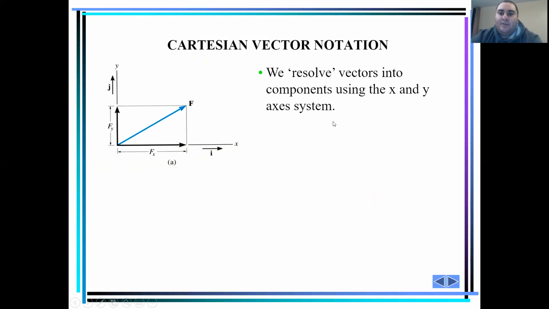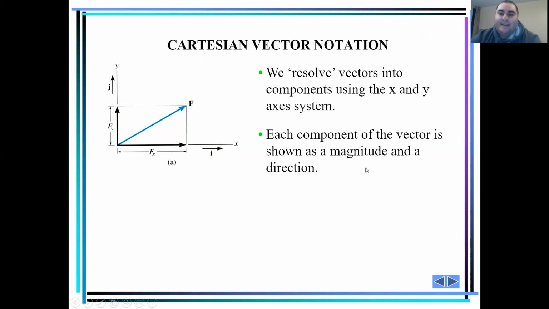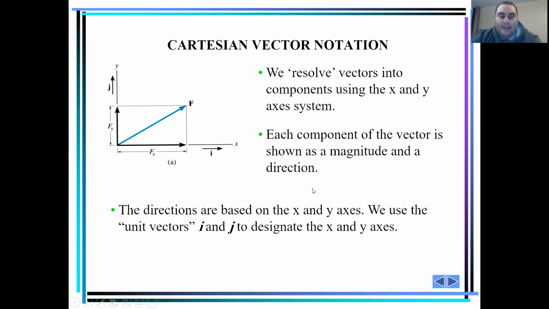The first step is we resolve vectors into components using the x and y-axis system. Then each component of the vector is shown as a magnitude and a direction. The directions are based on the x and y axes. We use unit vectors i and j to designate the x and y axes. So from now on, we're going to call these unit vectors i and j instead of x and y axes.